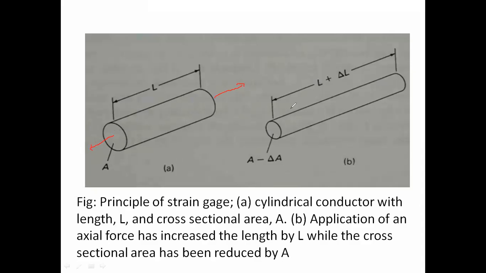Then its length will increase and its cross-sectional area will decrease. So when stretching is applied to a cylindrical conductor, the length increases and the cross-sectional area decreases, depending upon the amount of stretching.